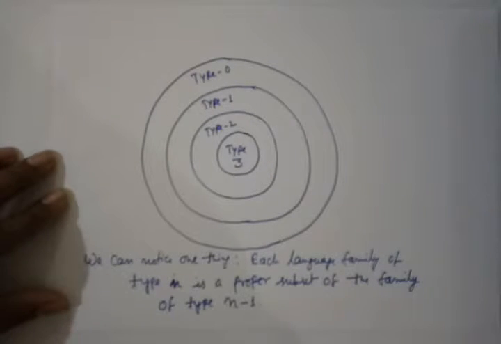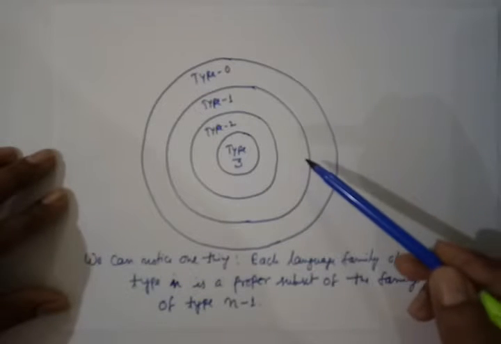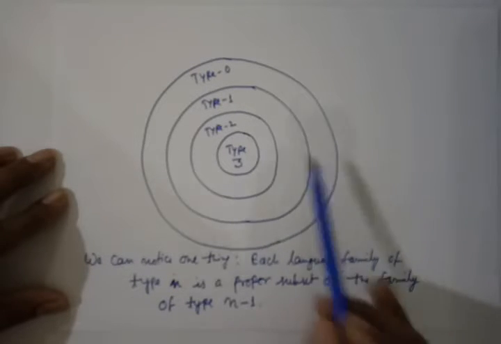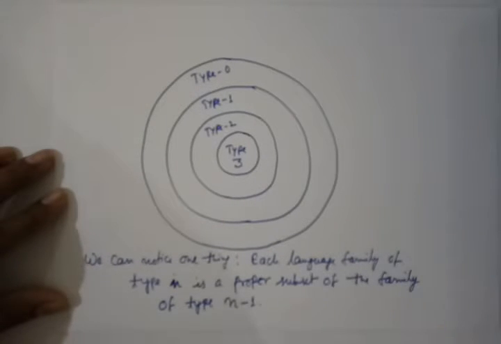Now we can notice one thing: each language family of type n is in general a proper subset of the family of type n-1. From this diagram it is very clear. This is our basic Chomsky classification.